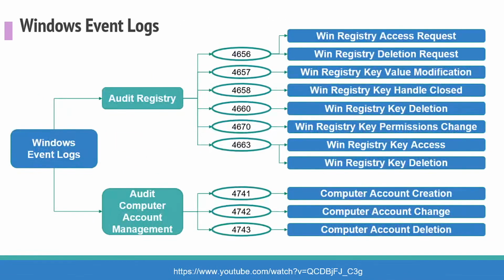So what we did was start trying to segment our events using the audit categories and subcategories of the event logs. So for example, let's focus on the audit registry piece of this data.